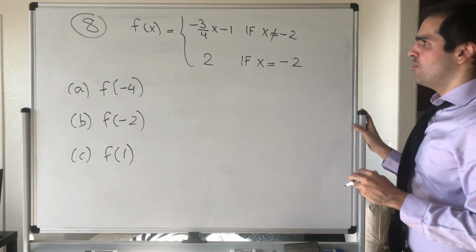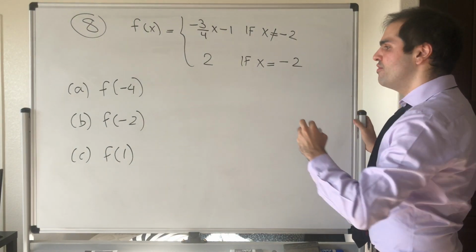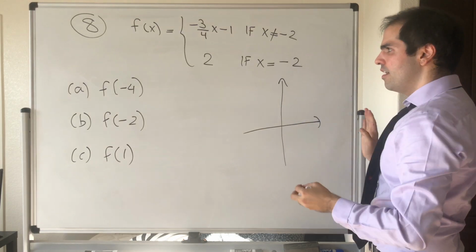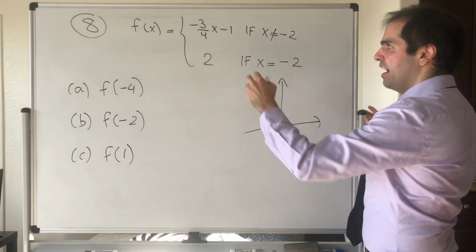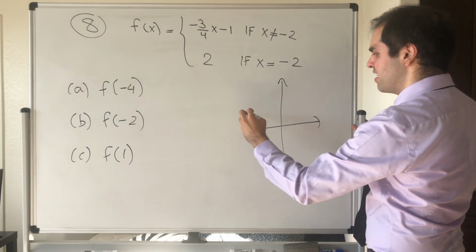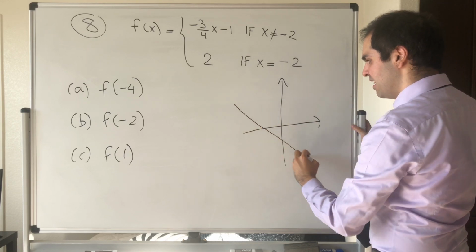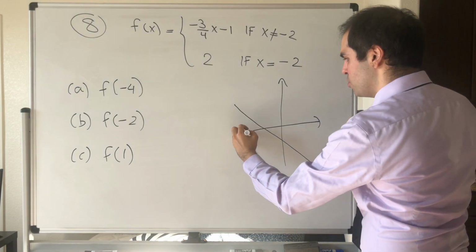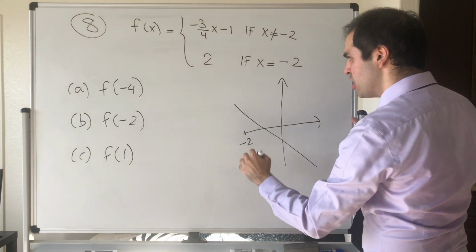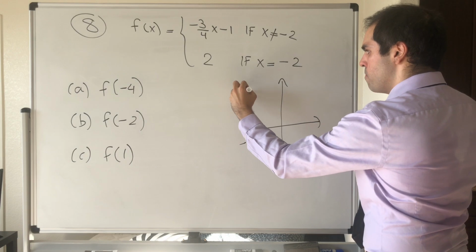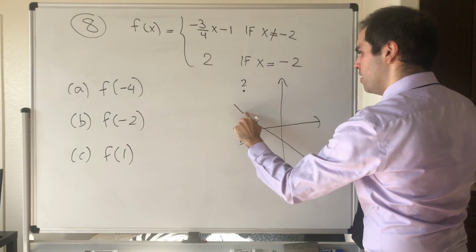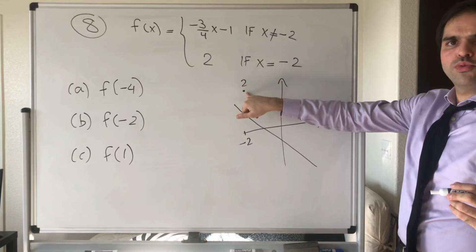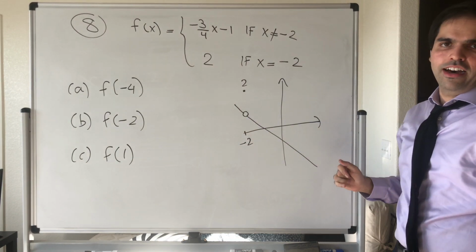So the way this function looks, again, the graph is completely optional, is that everywhere it's a line, -3/4 x minus 1, kind of like this, except at -2, maybe here, we define it to be 2. So it's kind of the line, then it jumps to 2, and then becomes a line again.